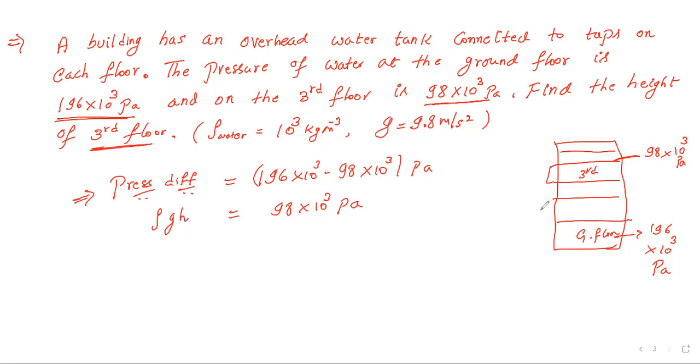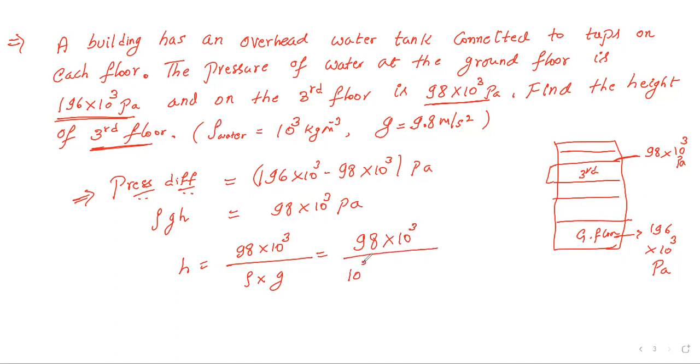Understood? Now, the height of the third floor from the ground is what we are going to find. So H becomes 98 into 10 power 3 divided by rho and G, sending them to the denominator. What is the rho value?